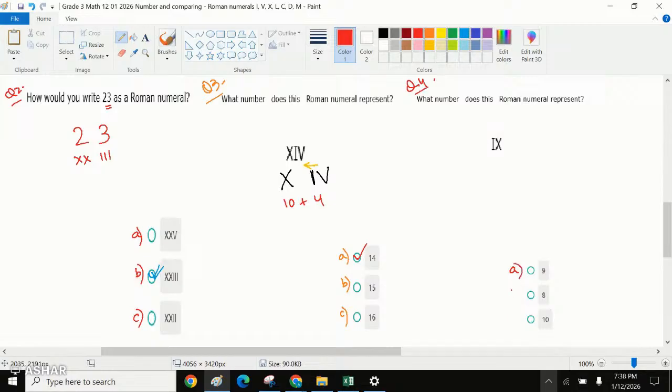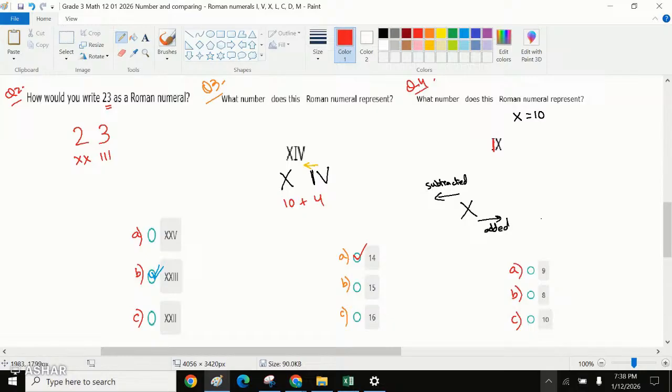If these are the options given, what should be the answer? If IX is given, we know that X is always equal to 10, right? If a number is before X, that is subtracted. If it is after X, it's added, right? So we can see I that is before X over here, right?